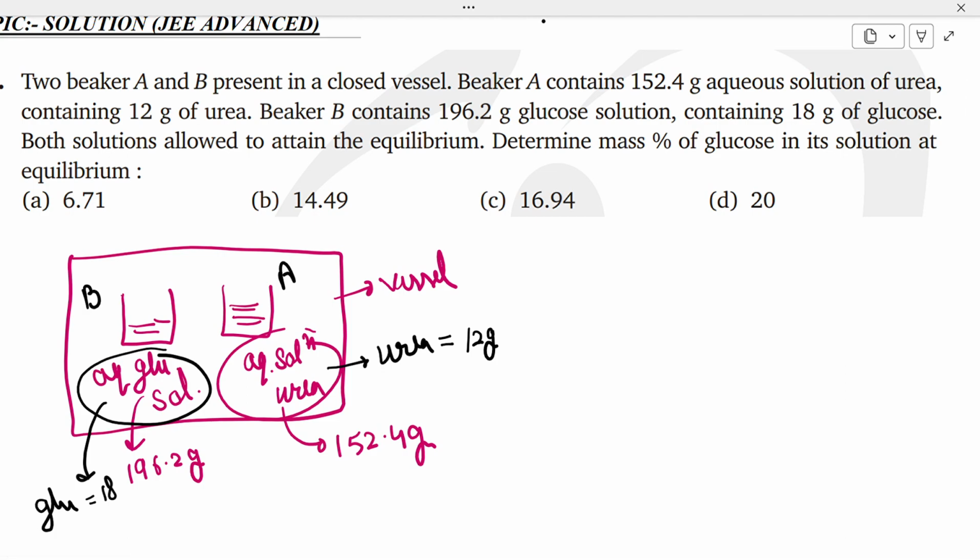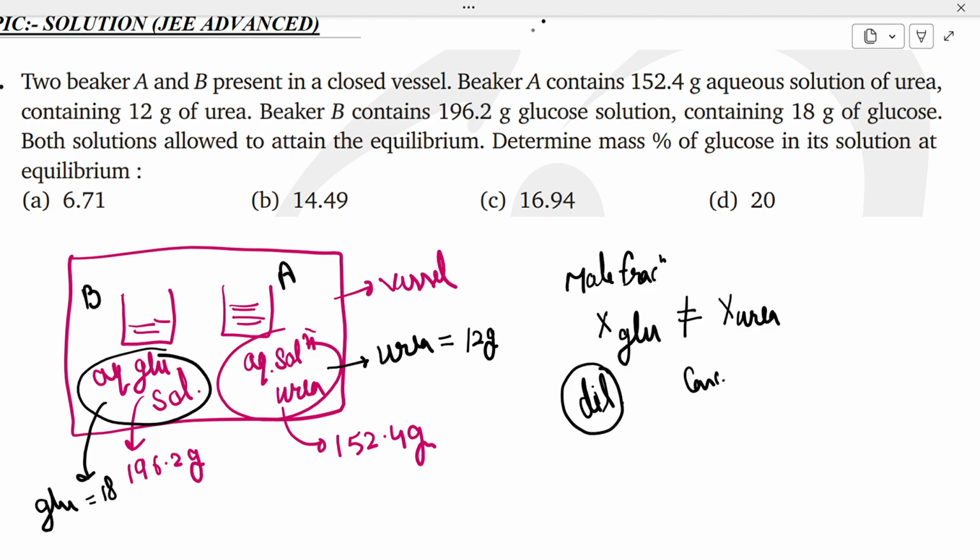What happens after some time is that the mole fraction of glucose, X glucose, is not equal to the mole fraction of urea. It means one solution is diluted and the second is concentrated.